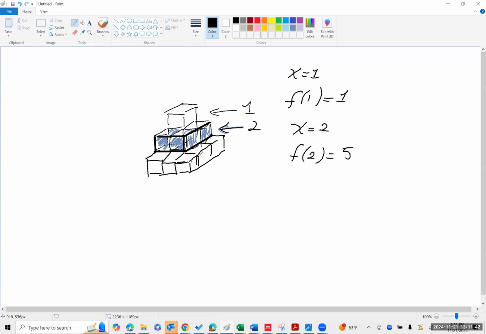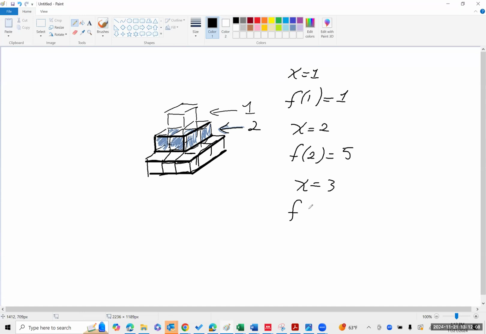So that new layer, hopefully you can see that it's a 3 by 3. There's some hidden pieces obviously that you can't see, but so we have 3 layers.